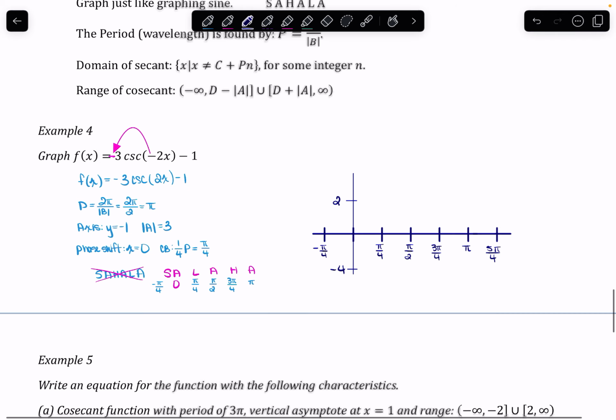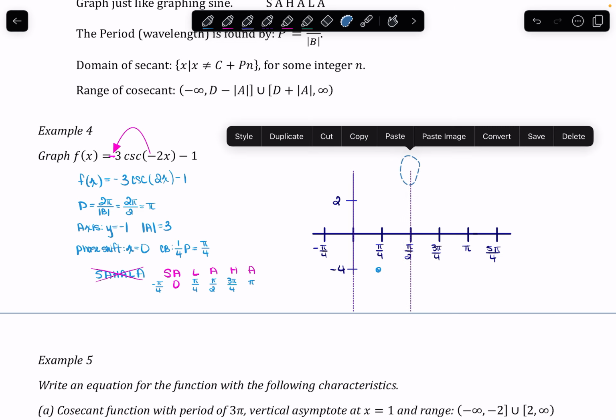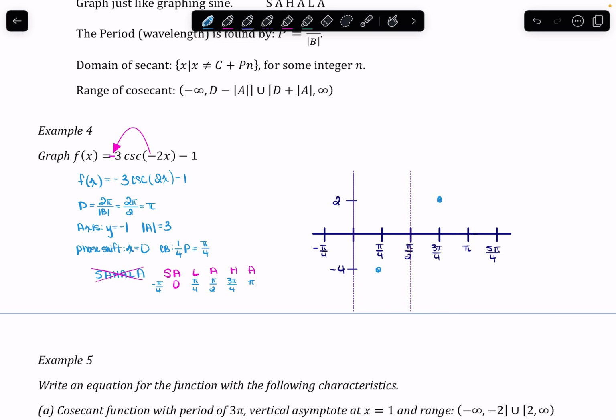All right, starting at 0, 0 is an asymptote. Then we move to pi over 4. We are on a low. Another asymptote. Then we move to a high.